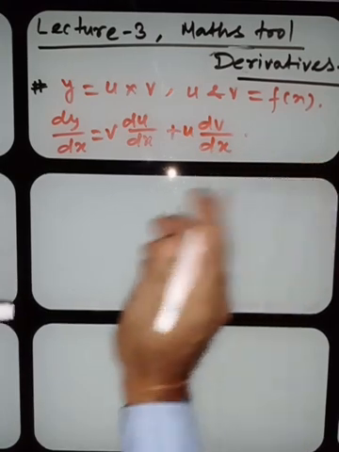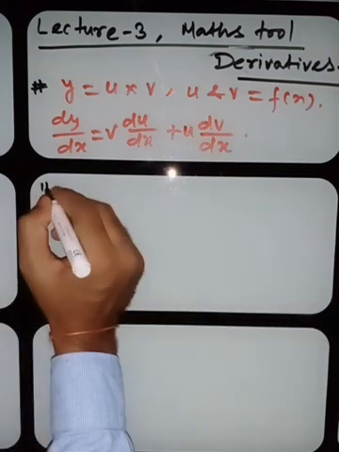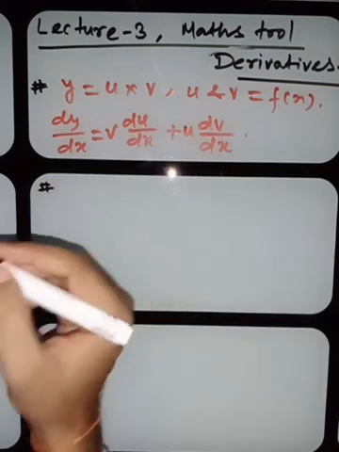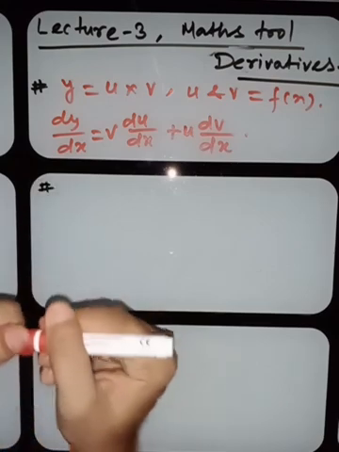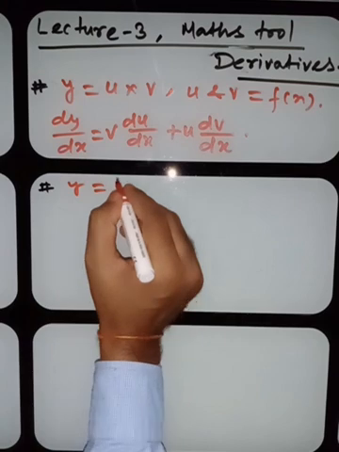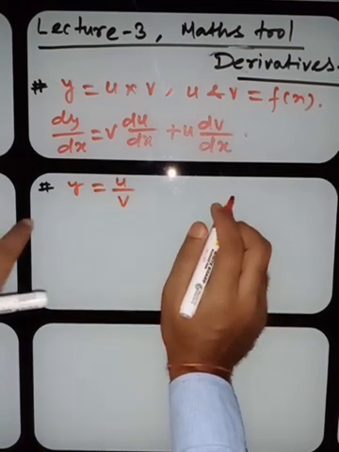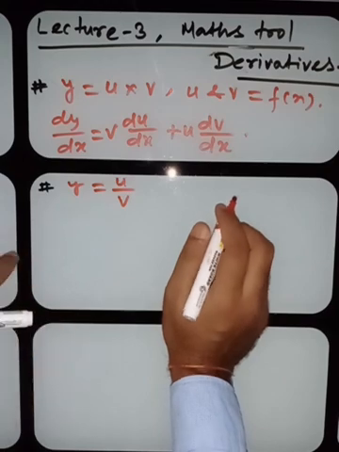Now the next one. The next formula, if you have a function like y is equal to u by v, again the condition is u and v both are functions of x.